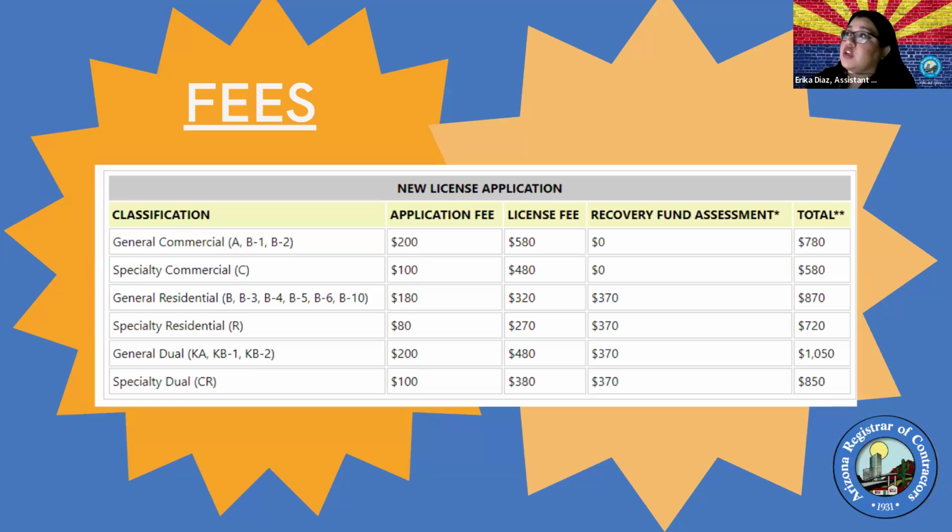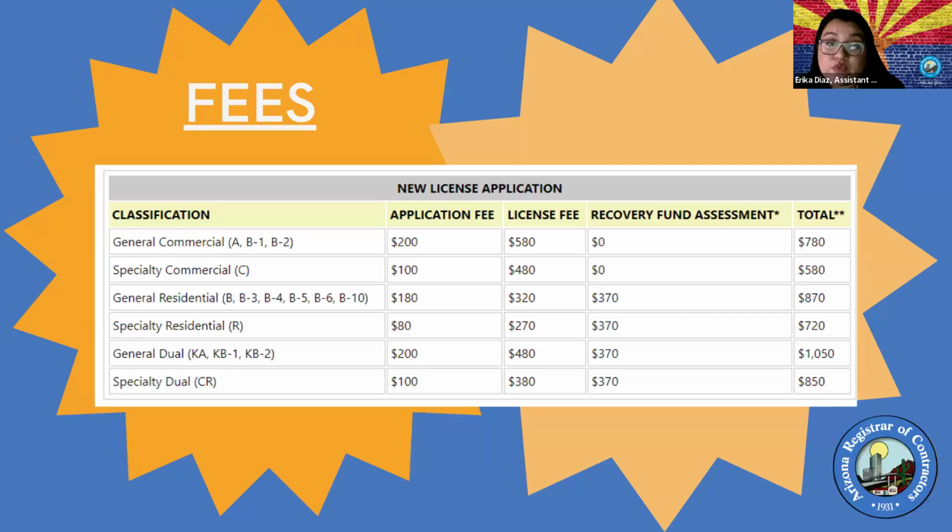The recovery fund goes toward any legal matter if there was a complaint, basically paying the person who had gotten work done for any loss or damages. That is where that money comes from. You pay for it every 2 years. So remember that you renew every 2 years for your license.